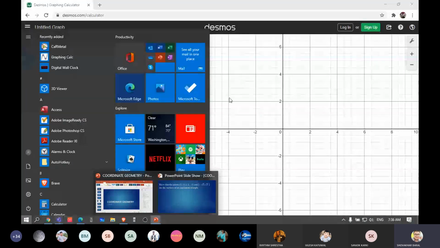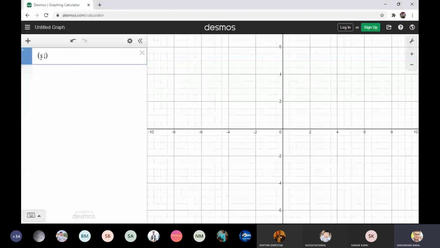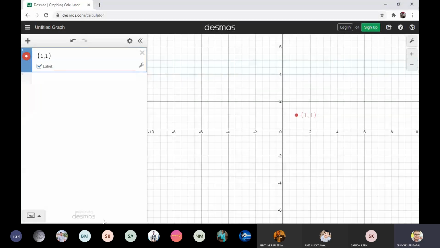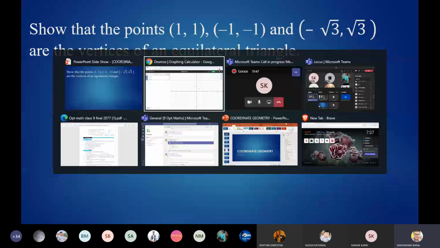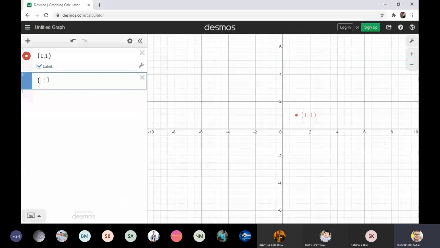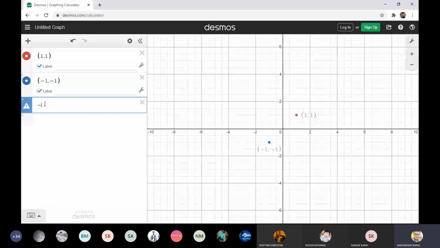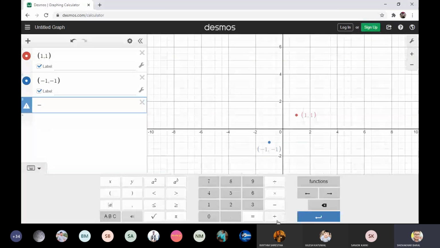The points are 1, 1, and the next point is -1, -1. And the third point is -√3, √3.